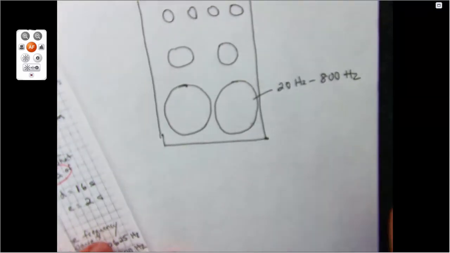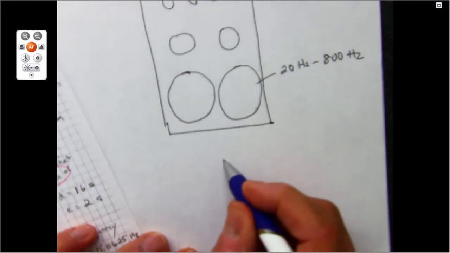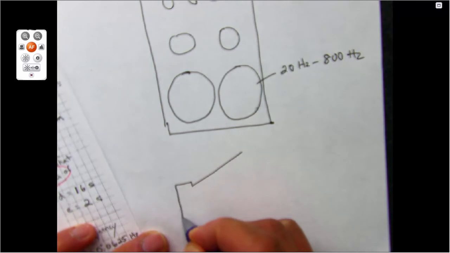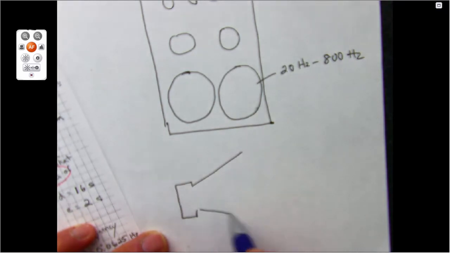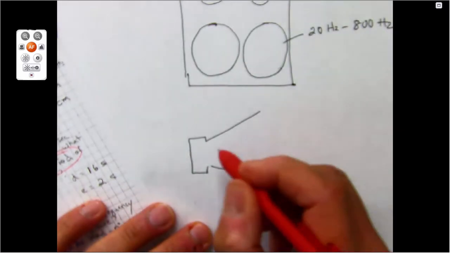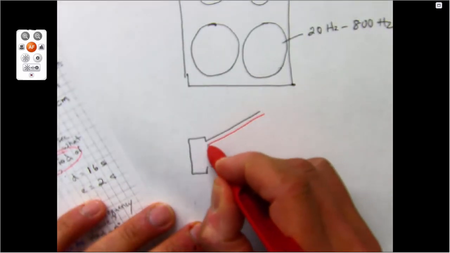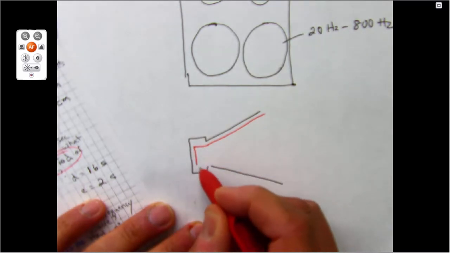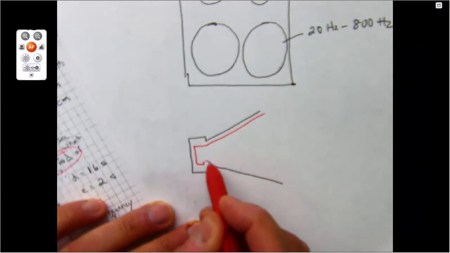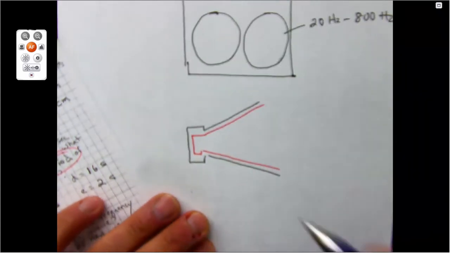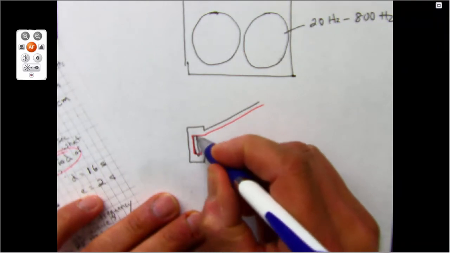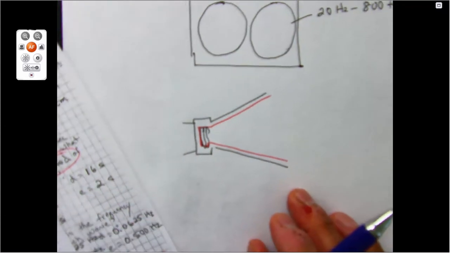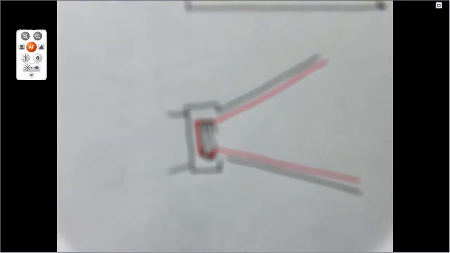Which means this speaker cone, which I can draw for you, I got to put the cone in here now. I need some electrical wires wrapped around this. I need to plug some power into that to create my electromagnet.